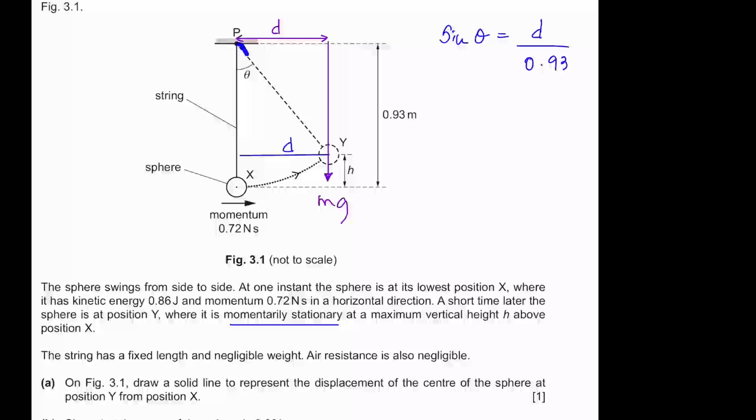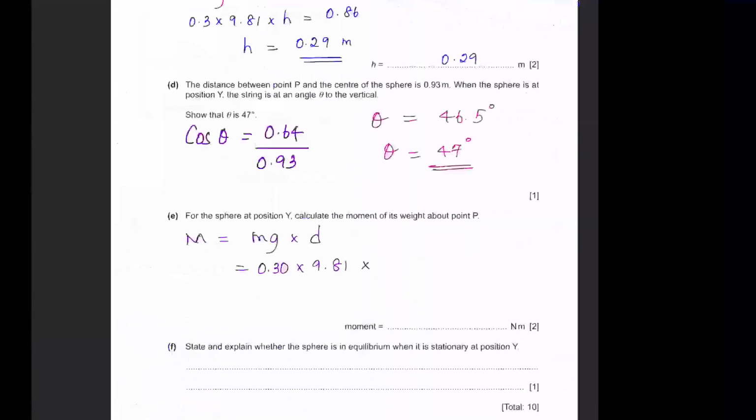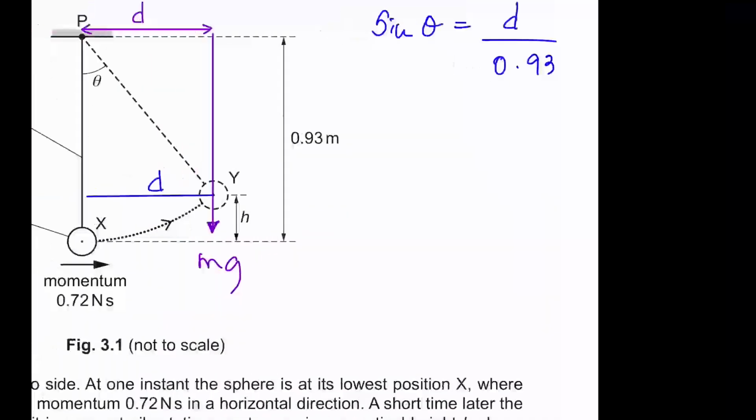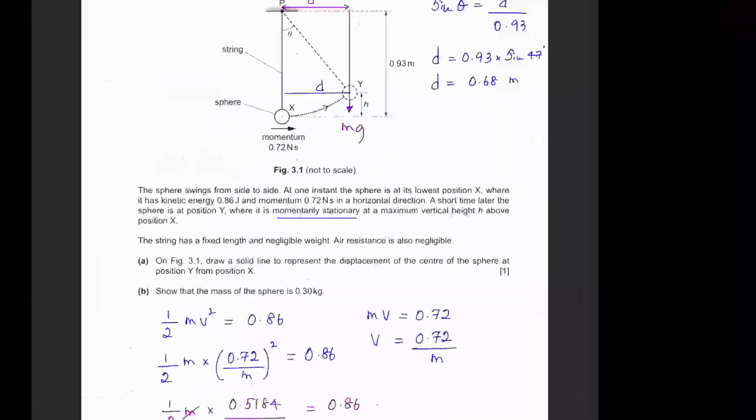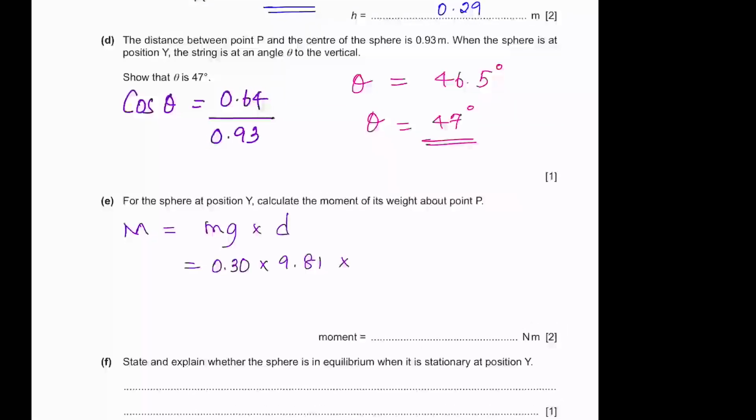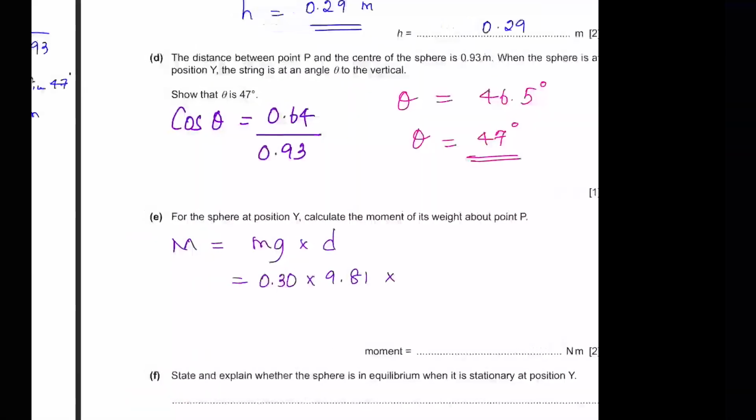This length is 0.93. So theta is, we already found it to be 47. So d equals 0.93 into sine 47. That's 0.68. So the moment is going to be mg into d. mg is 0.3 times 9.81, d is 0.68.